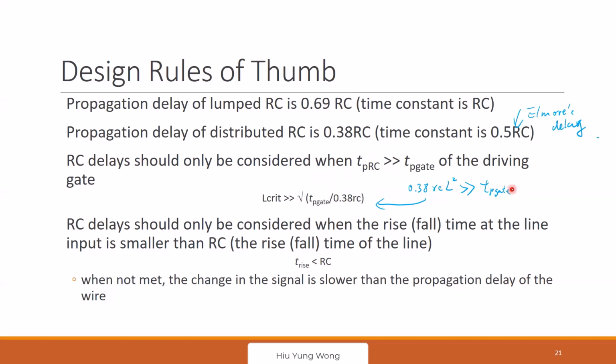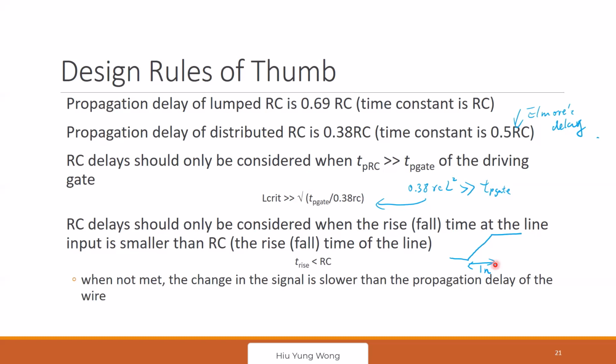And one more thing is, you only consider it if your rise time is much smaller than RC, right? If your gate takes so much time, your signal takes so much time, let's say 1 nanosecond, let's say you have some very bad circuit, 1 nanosecond, and the RC delay is only 1 picosecond. Why do you want to consider the delay?